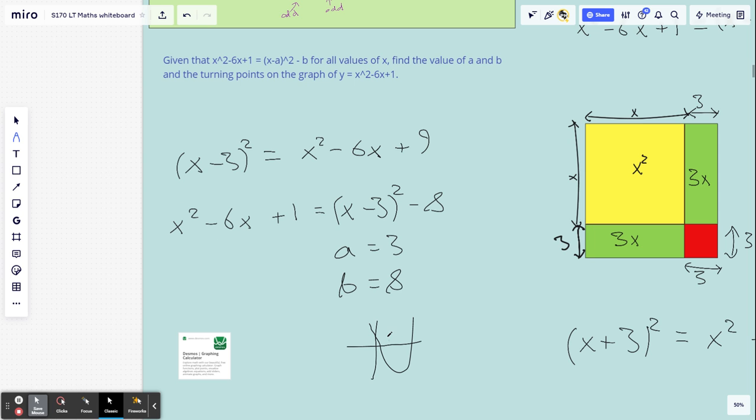If it's a positive value, then it's going to look like this. If it's negative, it will look like that. So the coordinates that we're finding out is this point down here. That's the minimum value, or the point. The reason why it's called turning point as opposed to minimum value is because it could be a maximum value, like that. And so we call this the turning point, and that's what we're also being asked to find out in here.